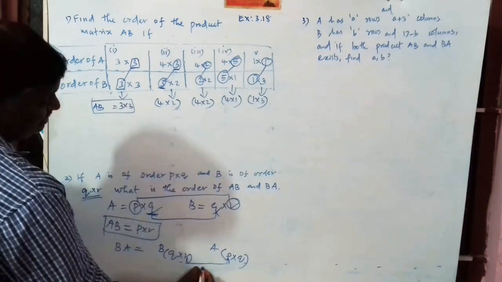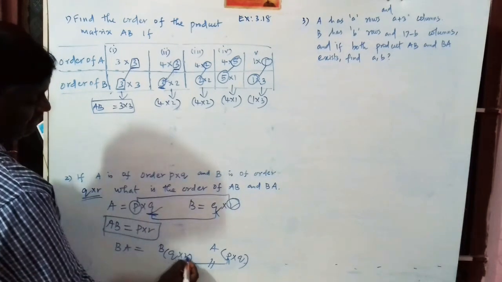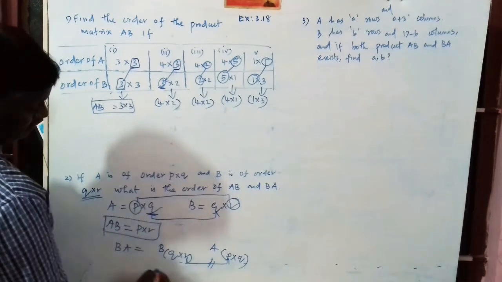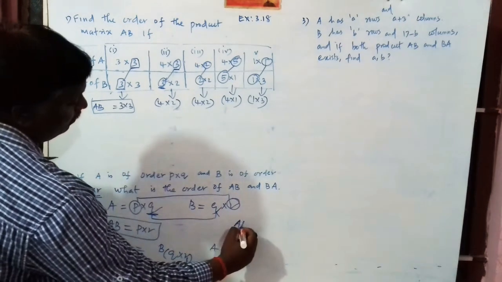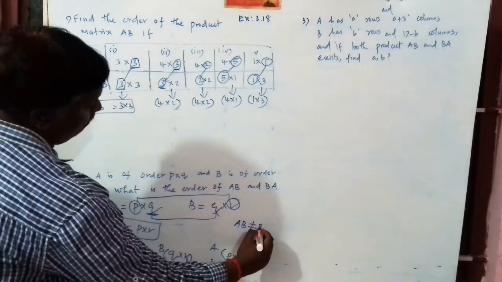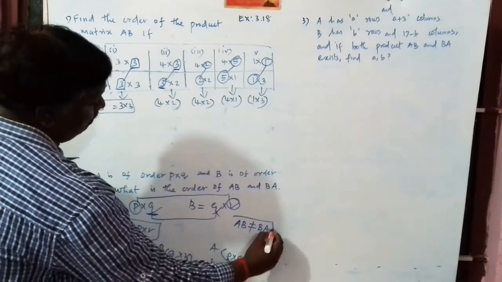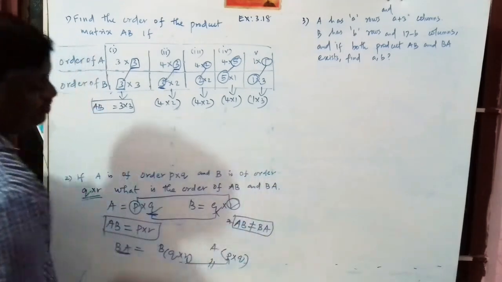Are both equal or not? Not equal. Here R is there, here P is there, so not equal. So BA is not defined. Therefore, the result is AB is not equal to BA.